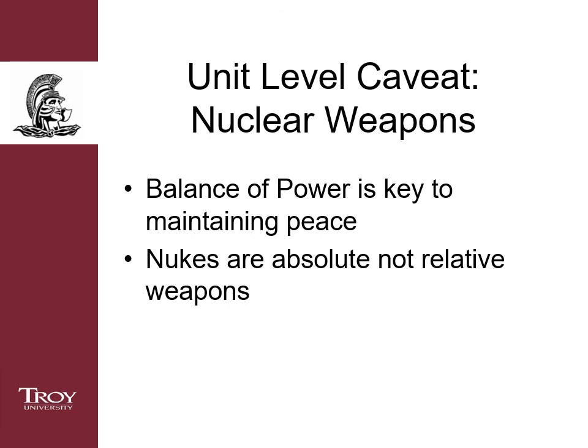I can destroy a lot with my 10 nukes. You can destroy more with your 100, and so he's making an argument that the possession of nuclear weapons is an absolute balance, not a relative one, and that two nuclear powers facing each other will be deterred, right? In a way, as if they were equal.